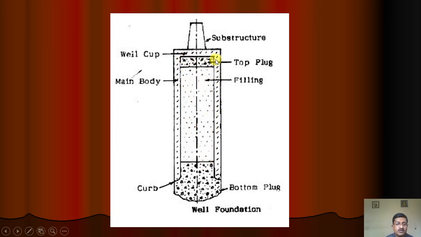Again a concrete top plug is placed here to avoid the entry of water, and also a well cap is placed. So this total area is sealed, and above that the column or pier of the bridge is constructed. All this structure takes care of the bridge pier.